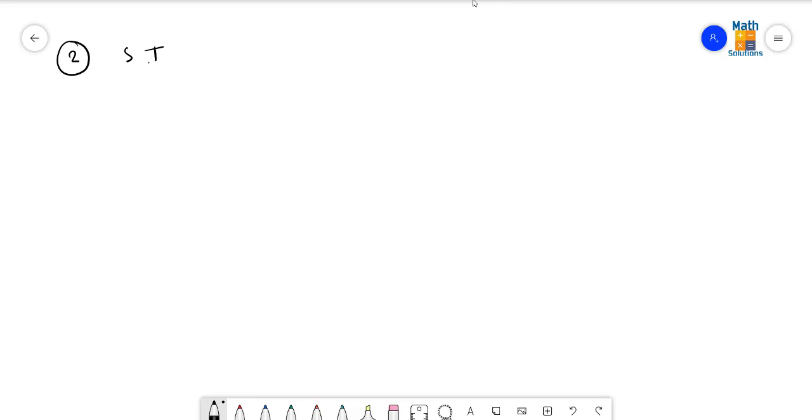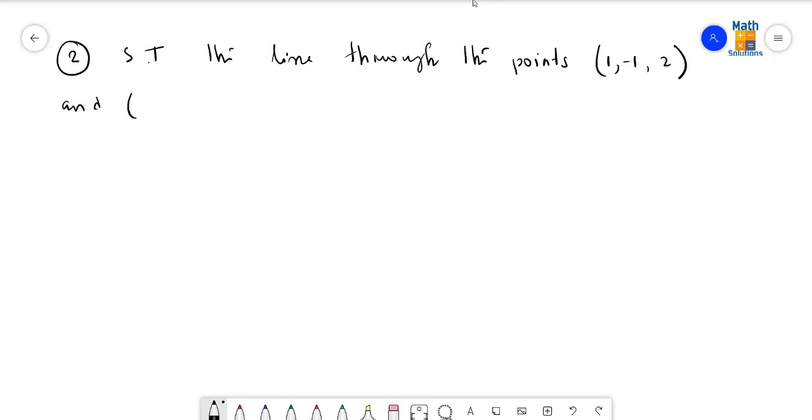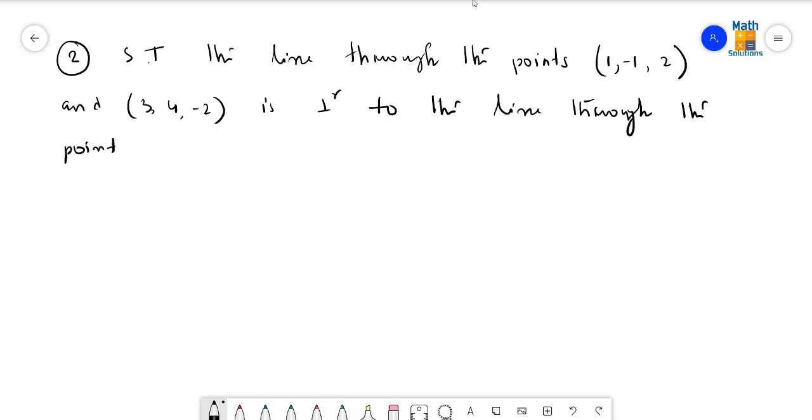Show that the line through the points 1 minus 1 2 and 3 4 minus 2 is perpendicular to the line through the points, what are the points written here? 0 3 2 and 3 5 6.